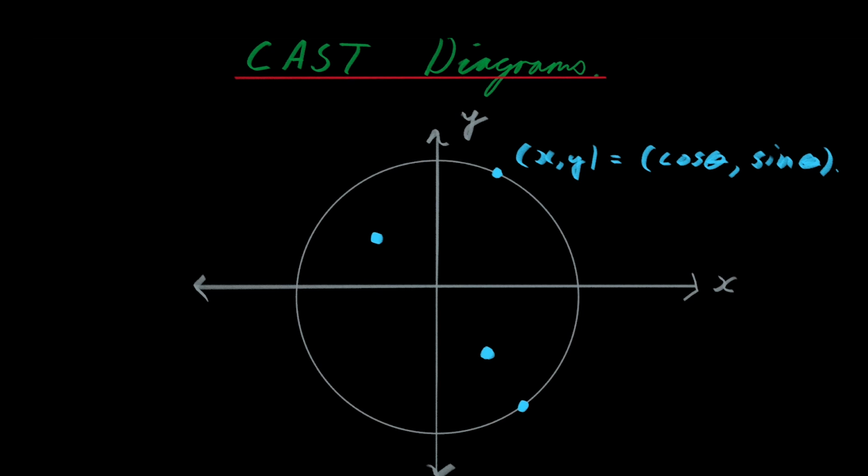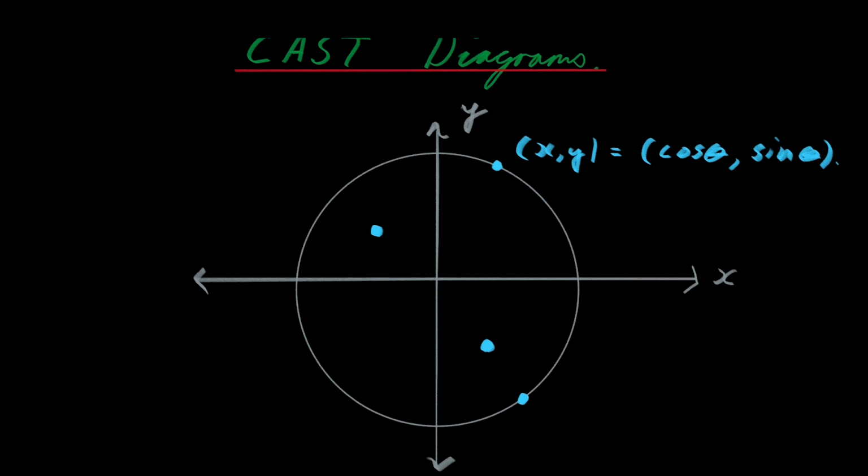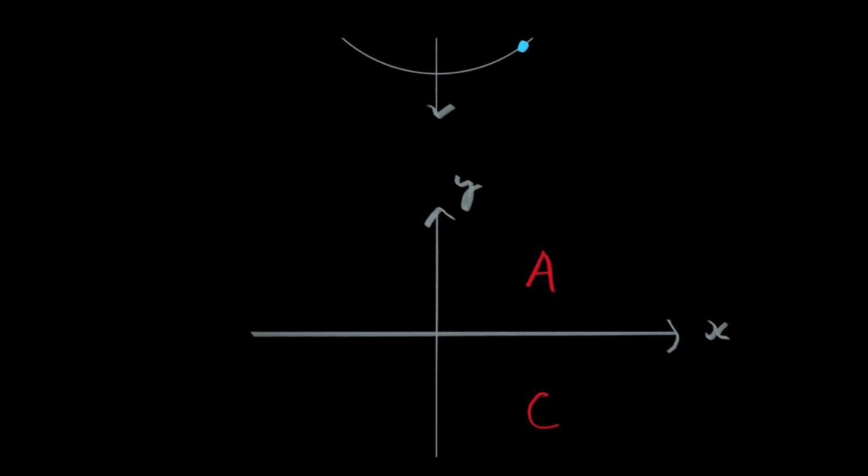The tan of theta will just be sine over cos. Sine will be positive, cos will be negative, so tan of theta will be negative. So in other words, only sine is positive in this quadrant. Cos is negative, and tan is negative. So we will write an S in this quadrant.